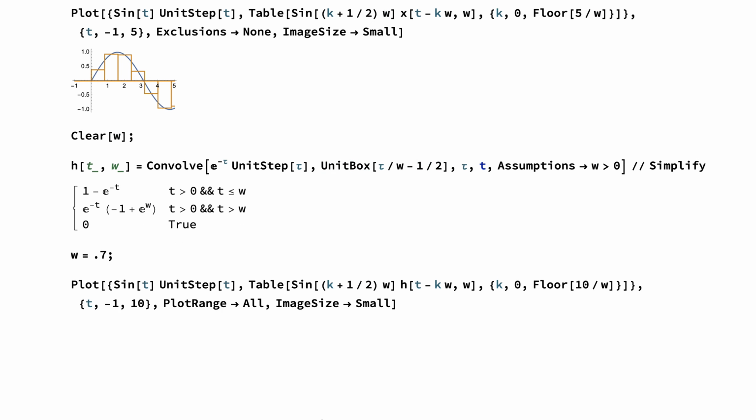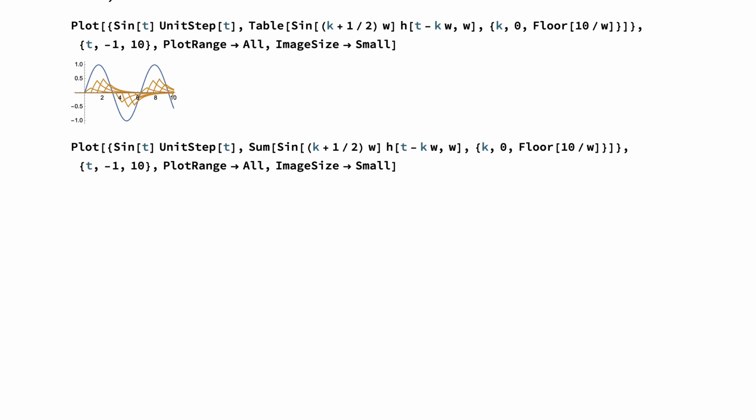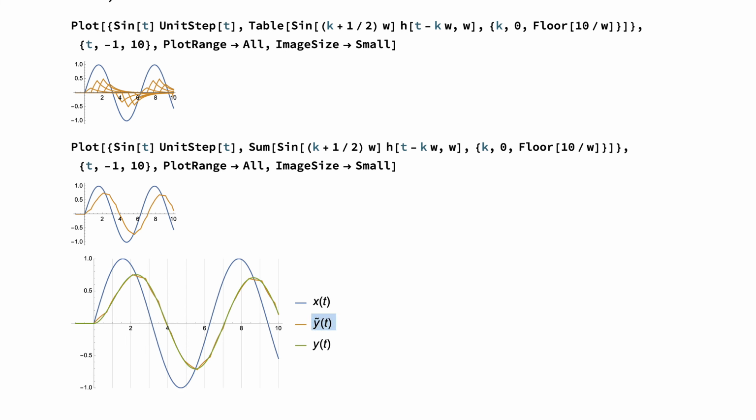The shifted scaled version of the output signals can be plotted as shown here, and the summation can be plotted as you see here. And now if we compare this approximation, the output as this summation, to the actual sinusoidal response of the system that we obtained earlier, you can see that they are very close. This shows that the convolution integration works.